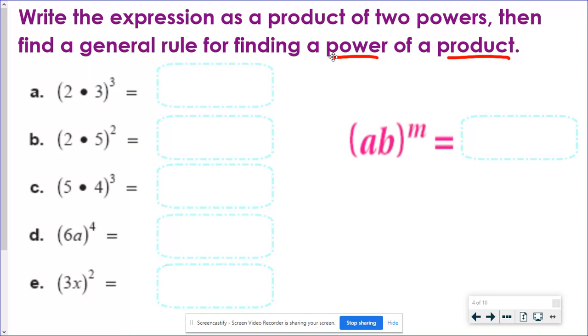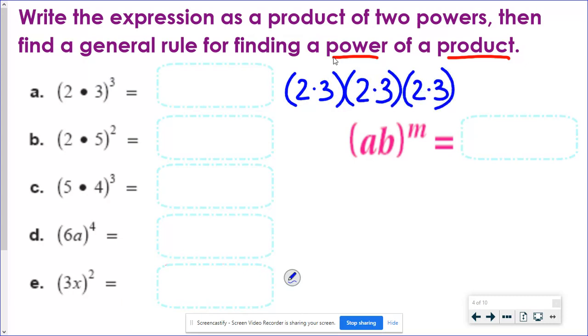When I have 2 times 3 to the 3rd power, this first one would be 2 times 3, and then another 2 times 3, and then another 2 times 3 because it's to the 3rd power. So I really have 1, 2, 3 of those 2's, and then I've got 1, 2, 3 of those 3's. So written with exponents, I have 2 to the 3rd and 3 to the 3rd.